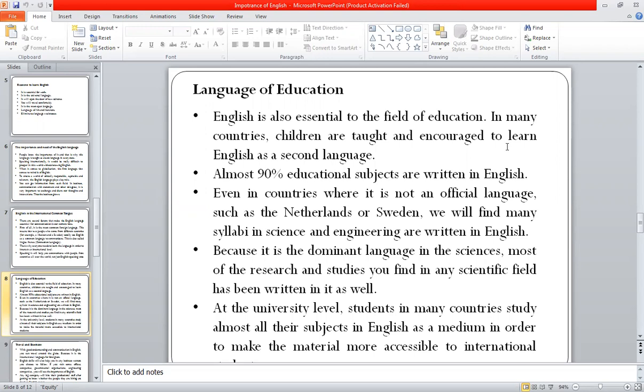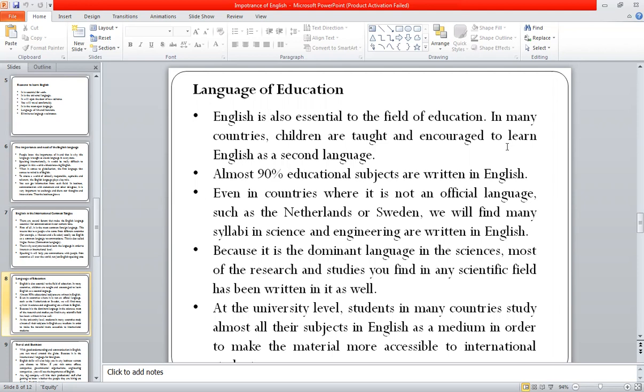But science and technology, social sciences, mathematics, geometry, algebra, physics, chemistry, biology, these are the subjects you are learning from your childhood itself in the English medium.